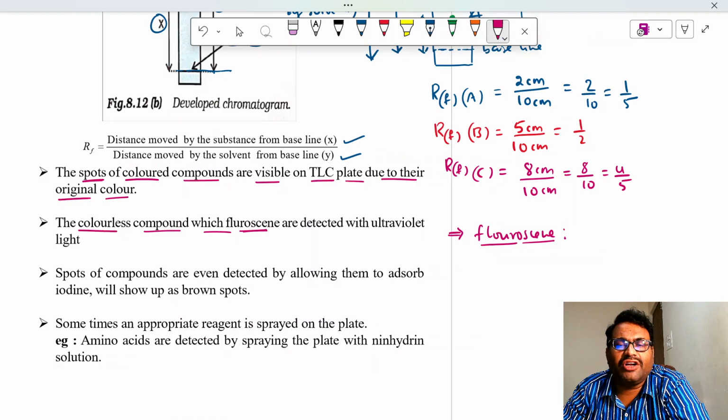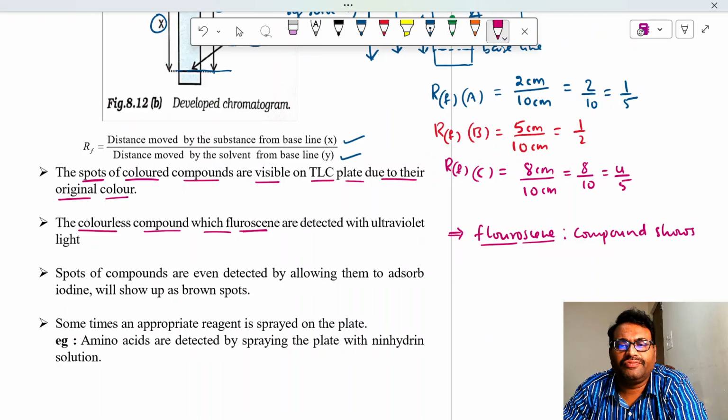A substance or compound exhibiting fluorescence has this property. Fluorescence means the compound shows color or light.